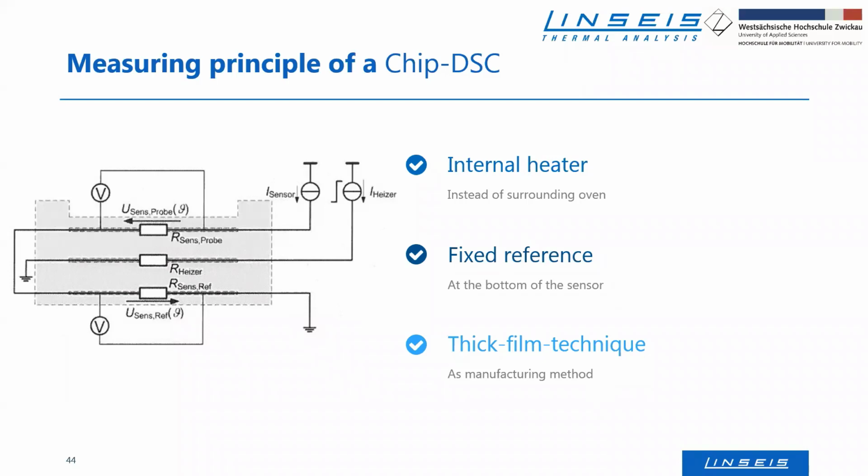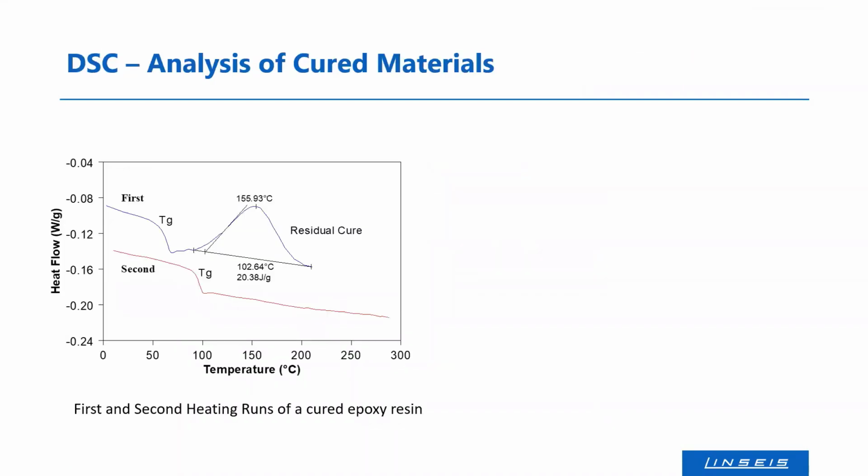And what you get as a result are curves like that. This is a typical DSC measurement on an epoxy resin. It shows 2 runs.